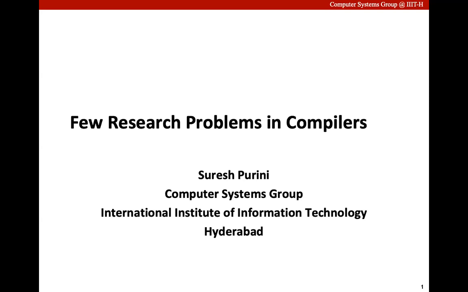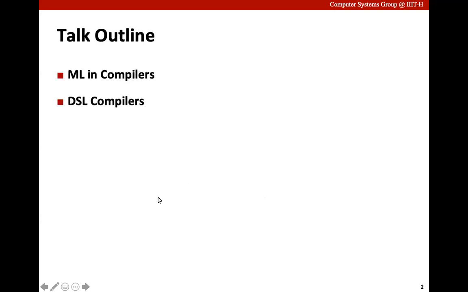Needless to say, this is not an exhaustive list, just a few things that are there in my mind. I pulled out a few slides from a talk that I gave somewhere else, so you will see all this outline, etc. But I guess it's all right.